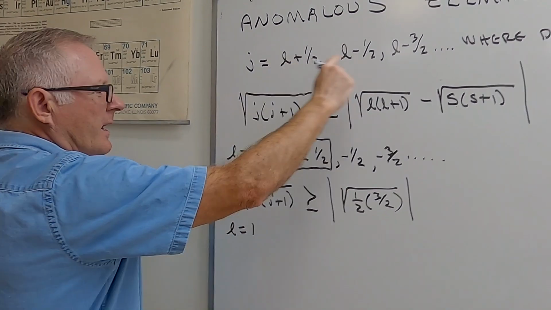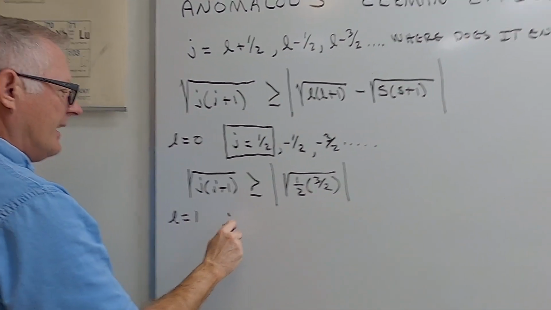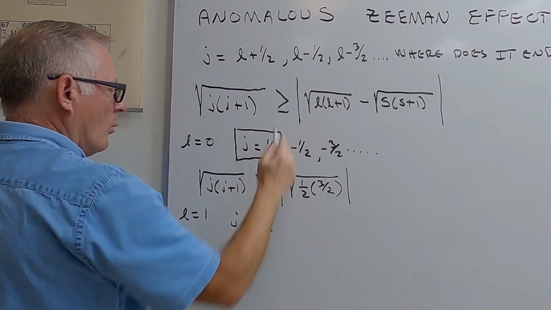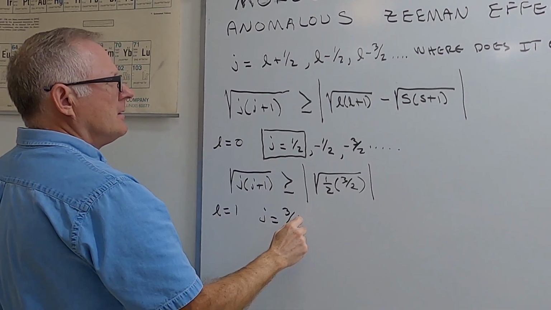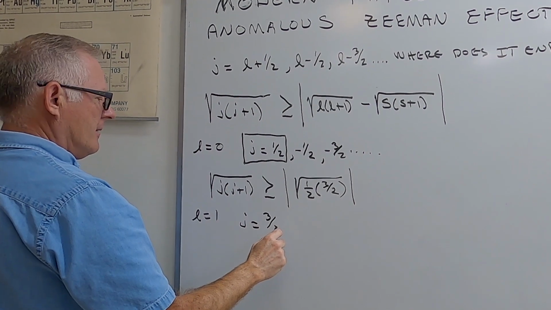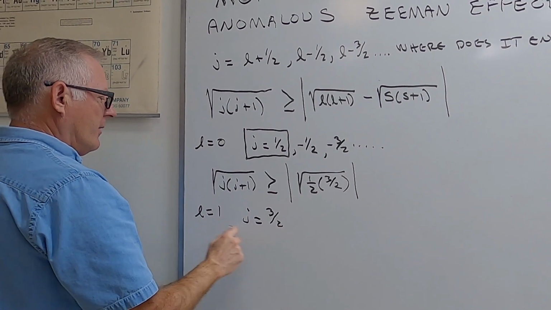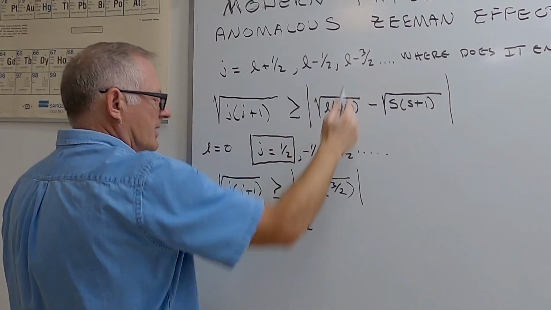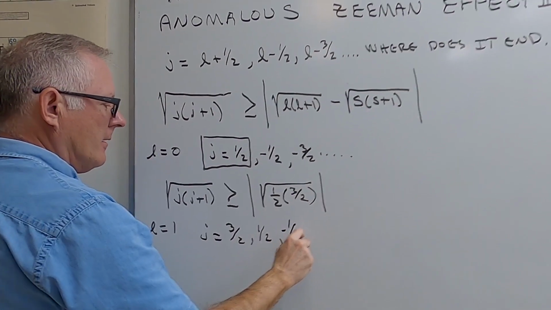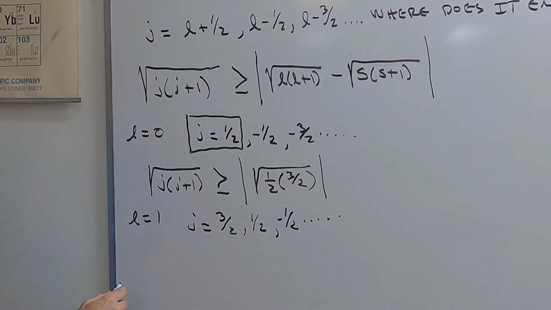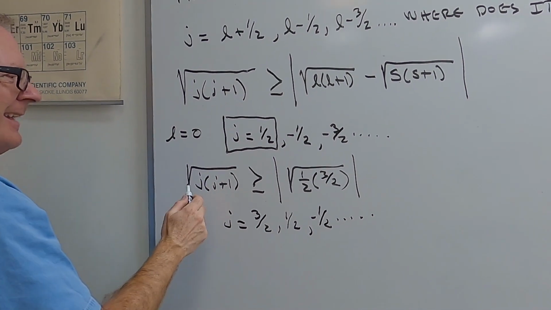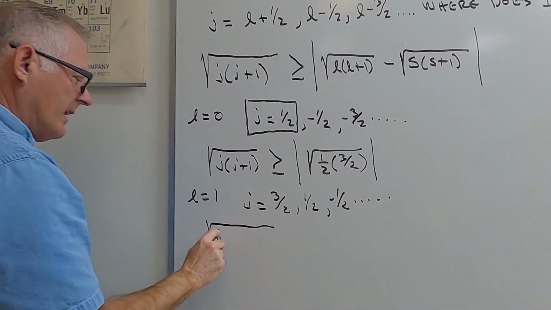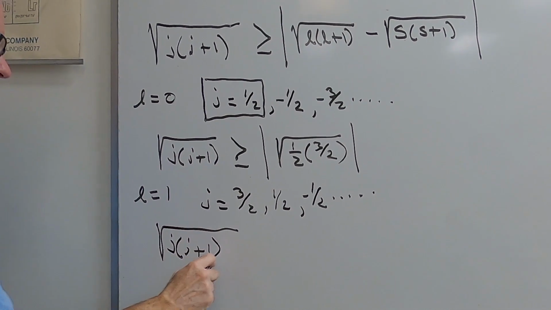For L equal to 1, that means from up here, J can be 3/2, 1/2. Sorry, when L is equal to 1, that's 1/2, and that's going to be negative 1/2. Okay, and so now if we plug back into this formula, we've got the square root of J times J plus 1.